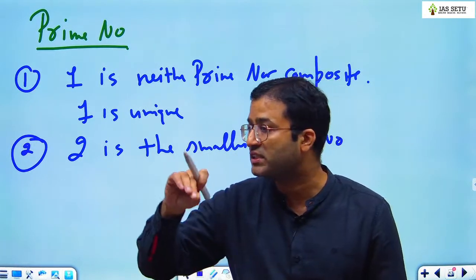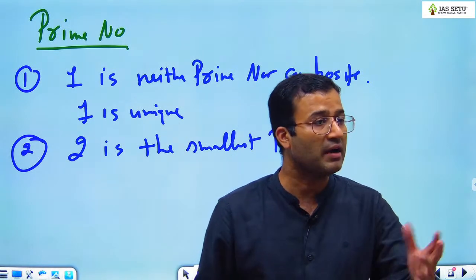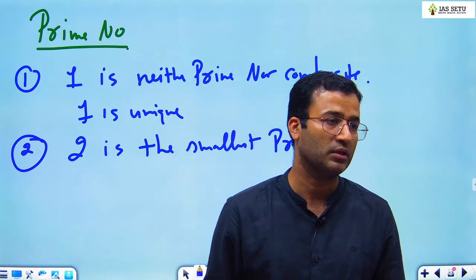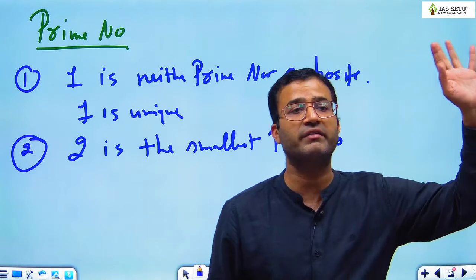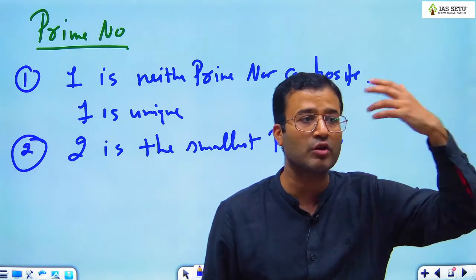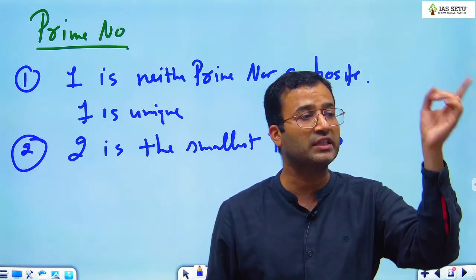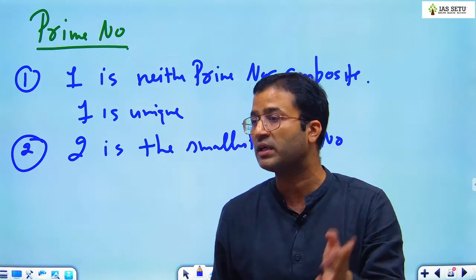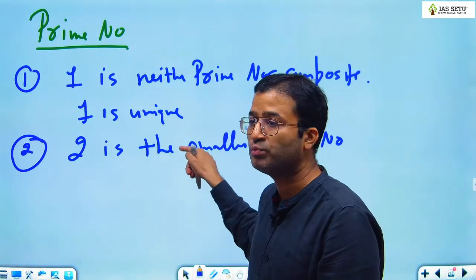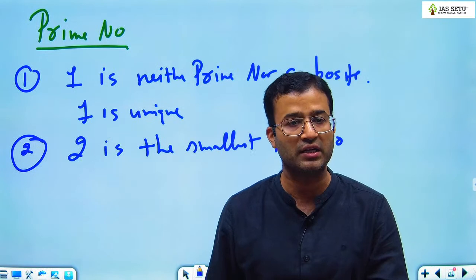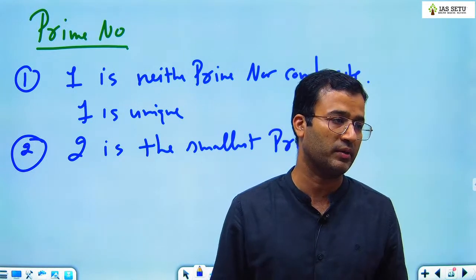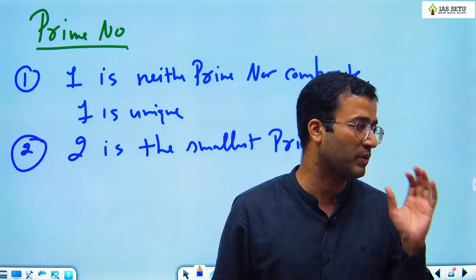First condition is it has to be a natural number, and -2 is not a natural number. So never think about negative integers. Negative integers cannot be prime numbers. क्योंकि 1 तो है नहीं, तो 2 ही सबसे छोटा prime number. 2 is the smallest prime number.